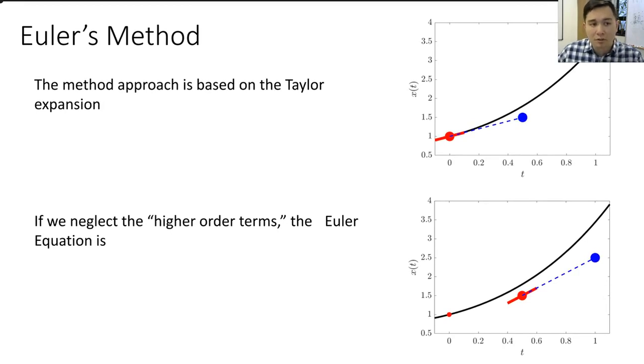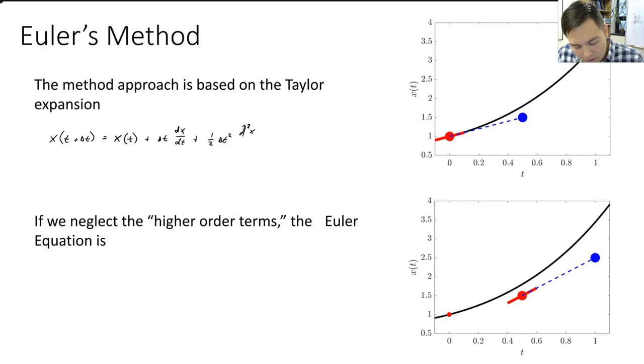So the method for Euler's approach is based on the Taylor expansion. The Taylor expansion says that if I want to approximate the value at x at time t plus delta t, given information at x at t, I'm going to add to it delta t times dx/dt plus 1/2 delta t squared d squared x/dt squared plus 1/6 delta t cubed d cubed x/dt cubed plus many other terms.